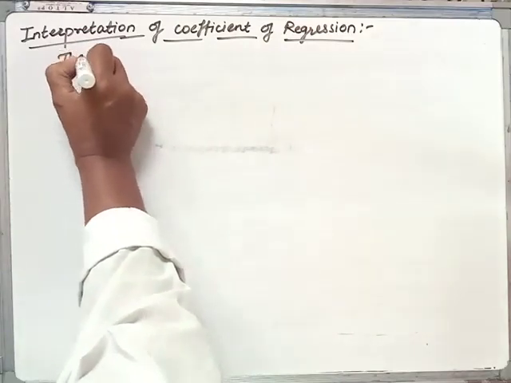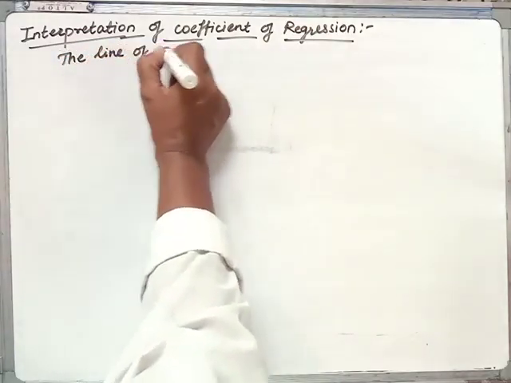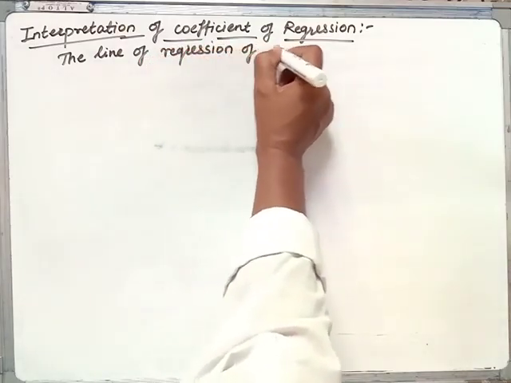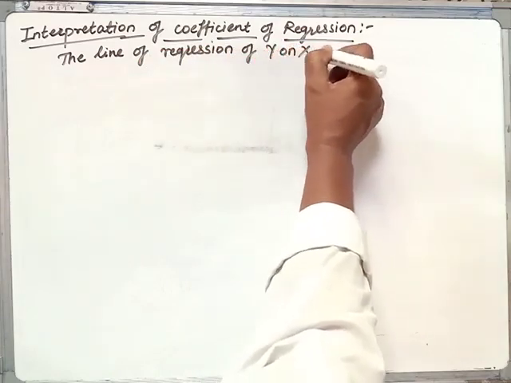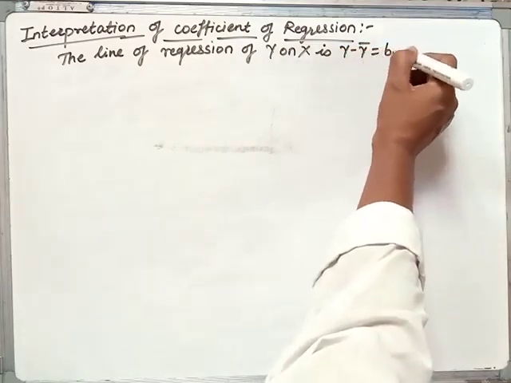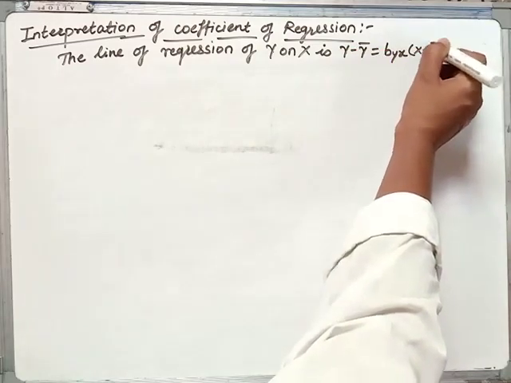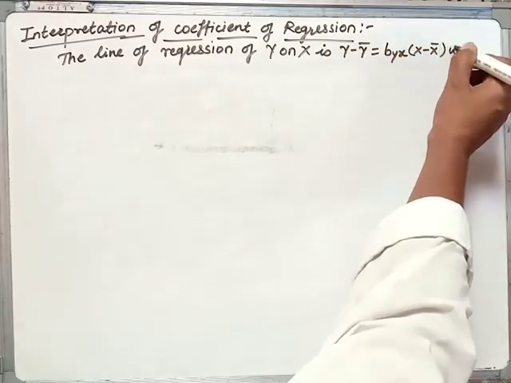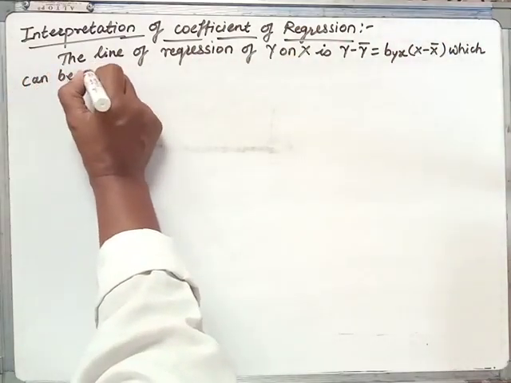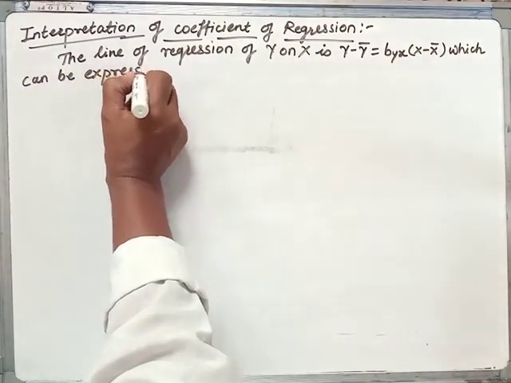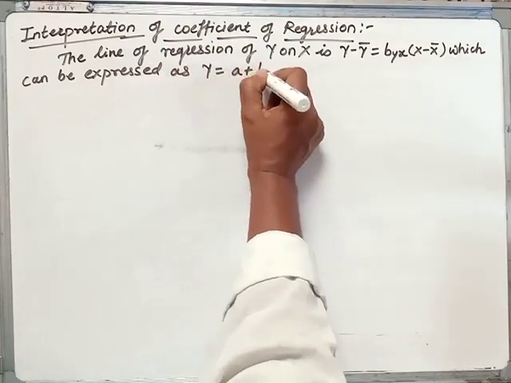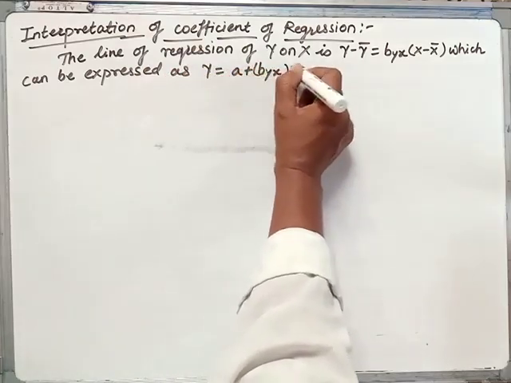The line of regression of y on x is y minus y bar equal to byx into x minus x bar, which can be expressed as y is equal to a plus byx into x.